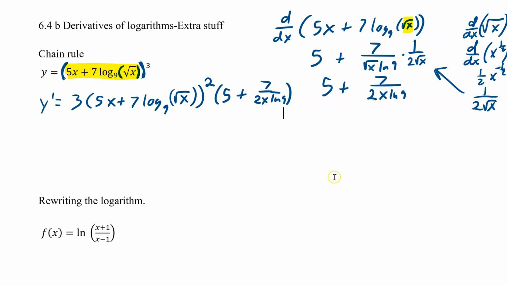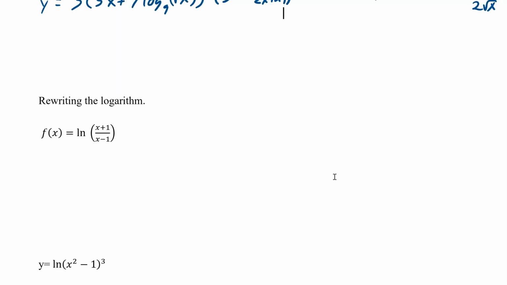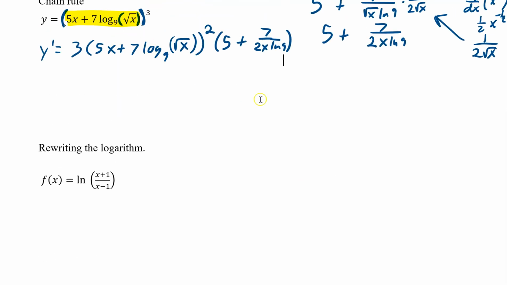There we have it. All right, so another way to do these as well, you can't actually on this one except for that guy. So what you could have done is taken the x to the half and rewritten it like this. So y equals 5x plus 7 log base 9 of radical x, right? And so instead of having radical x, we now write x to the half. And then we can use our log rule.